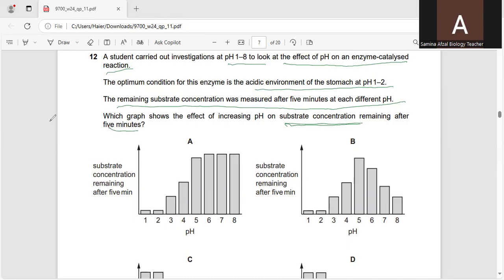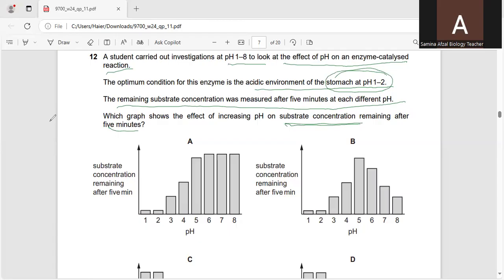Stomach pH is between 1 and 2. It means proteins are digested best in the stomach when the pH is highly acidic, 1 or 2. As the pH increases, the rate of digestion will decrease.